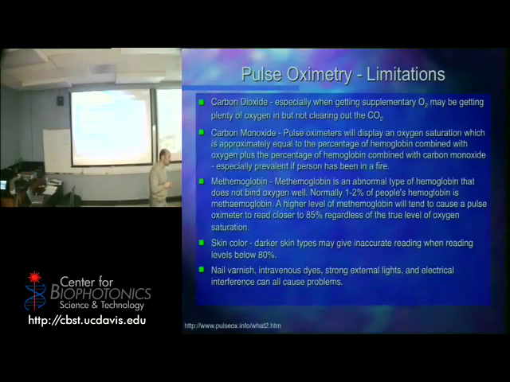So if you have unusually high levels of hemoglobin, how do you measure the oxygenation? You can do it invasively, but there's also a fancier device from Masimo, the same company I sent that piece around from. They make a device that uses 6 to 8 wavelengths, and it uses a fiber optic in this case.